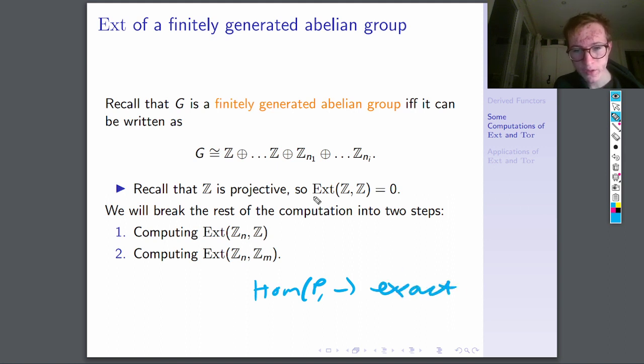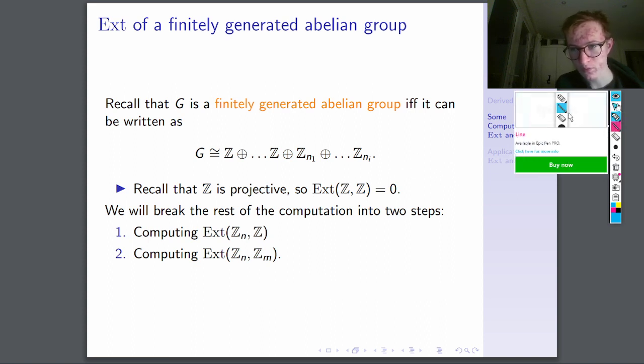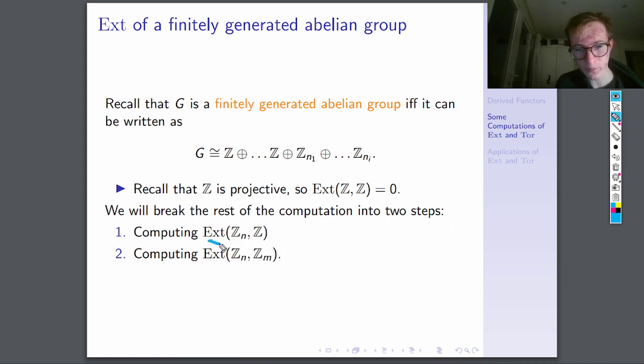And so the Ext things, which are supposed to be continuing this exact sequence, just become 0 because the sequence is already exact. If you were to compute the homology, it would be 0 because there's already an exact sequence there. So we only need to compute these 2 things.